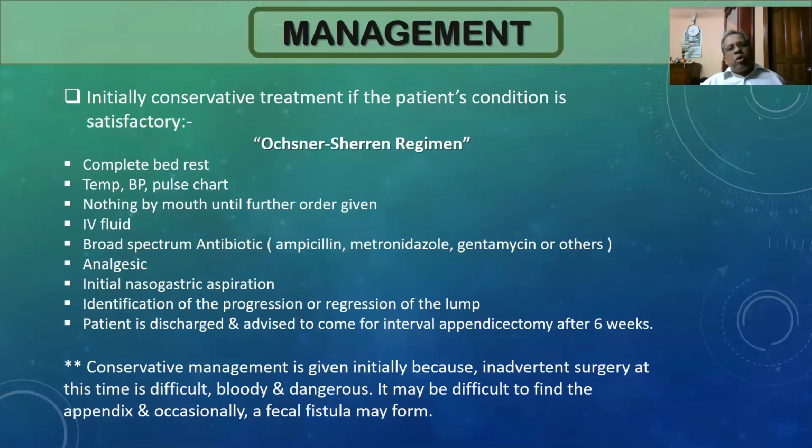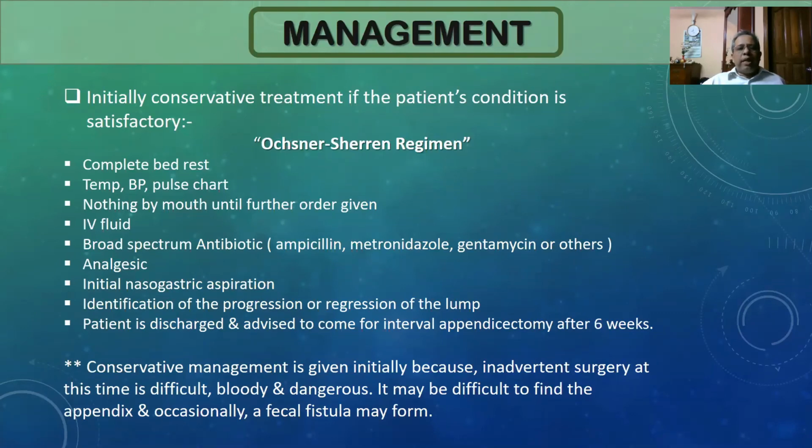The regimen is: complete bed rest, temperature, blood pressure and pulse chart maintained, nil by mouth until further orders, IV fluid to maintain the fluid balance, broad-spectrum antibiotics, ampicillin, metronidazole, gentamicin, analgesic according to the severity of the pain, initial nasogastric aspiration, and identification of the progression or regression of the lump.